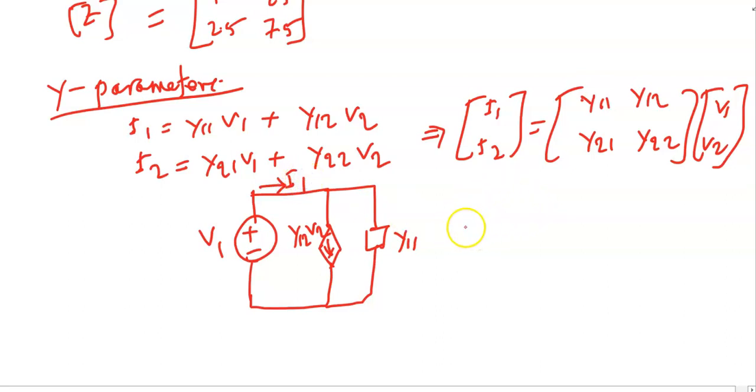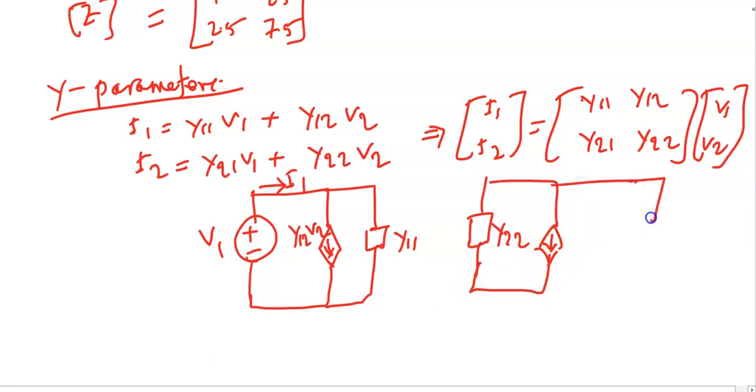In a similar fashion you can write this side also: Y22 and a dependent current source Y21 V1, and this is your I2. Just apply a KCL here: I1 is equal to Y11 V1 plus Y12 V2.